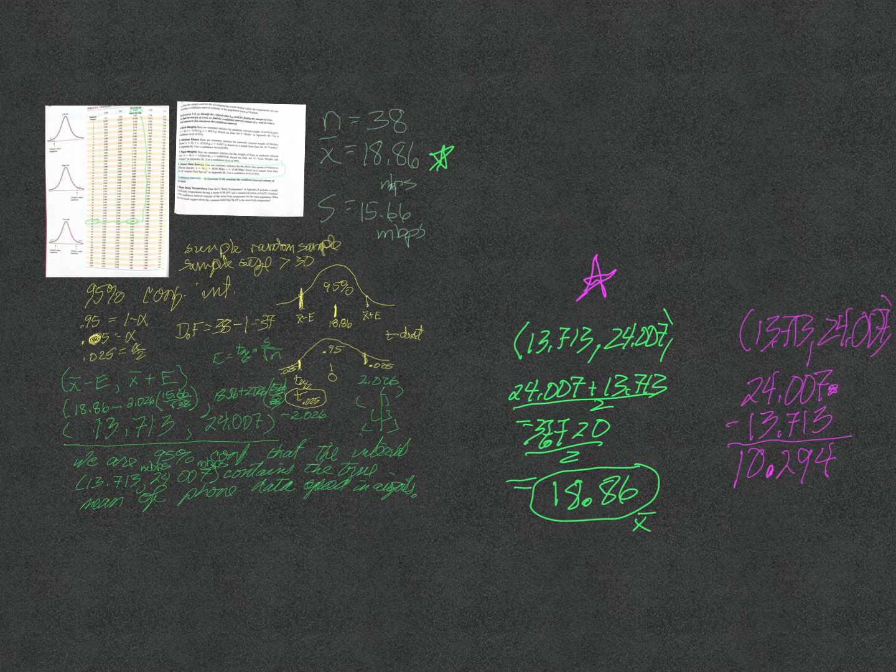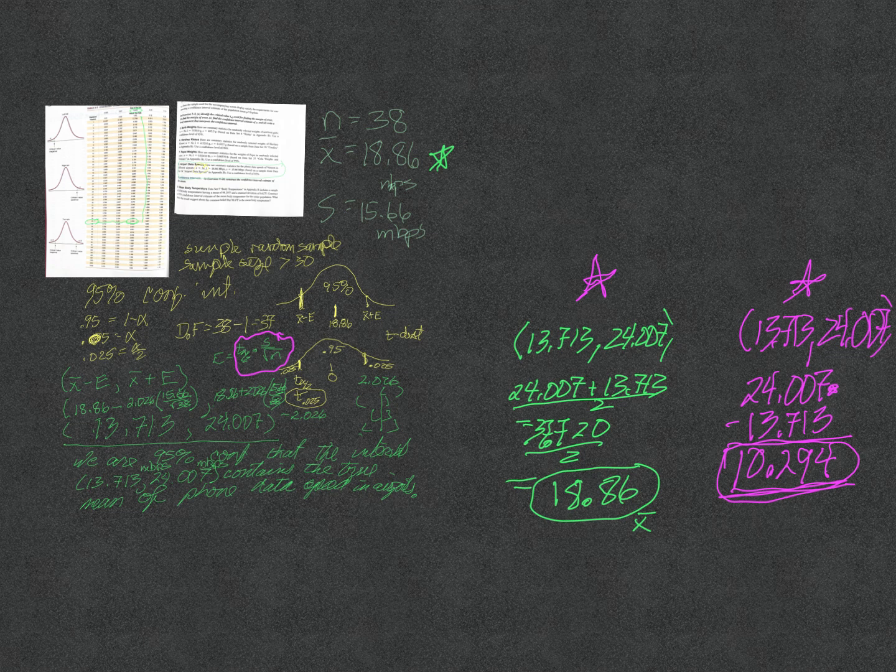Now, I didn't find the error separately like I did before, but if I did, this would be the value of that error, 10.294. And then we would add and subtract that to the sample mean, which is what we did. We just did it as one problem last time. But now you can find the error separately just by knowing the interval. So that's another problem.